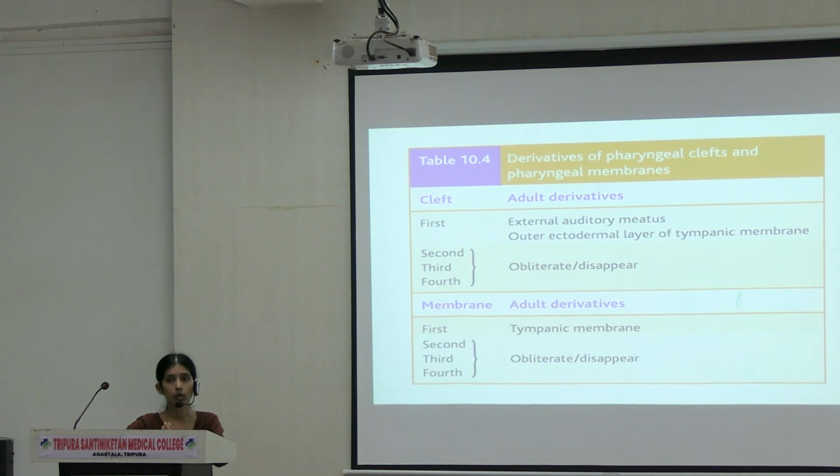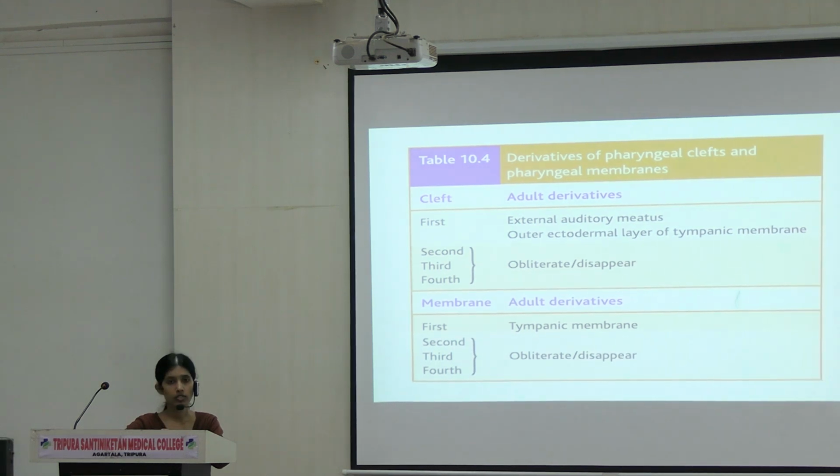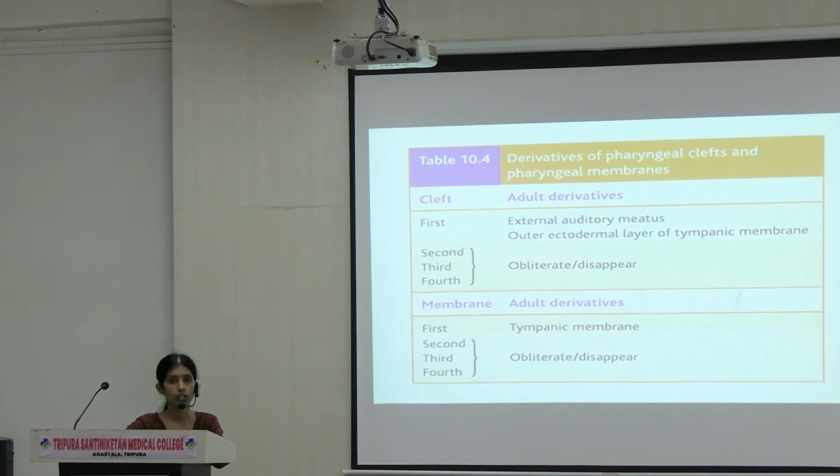Okay. The next topic is pharyngeal pouches. So what is pharyngeal pouches? Pharyngeal pouches is the inner lining of your mesodermal core. Okay. So how many pharyngeal pouches are there? 4. How do we study the pharyngeal pouches?